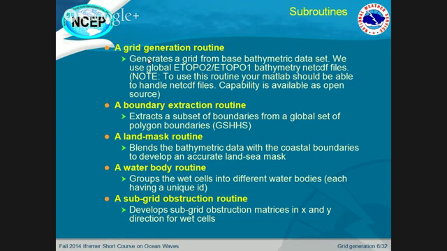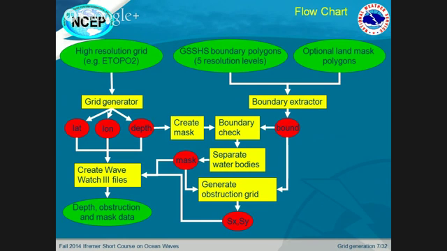So what happens there? Starting from this bathymetry data, it just interpolates it on a regular grid. Then it extracts the boundary from this shoreline database and does all that stuff for you. You just have to specify the area you want and the resolution, and everything will be done. So that's the idea. You go from the high-resolution grid, and it gives you latitude and depth.